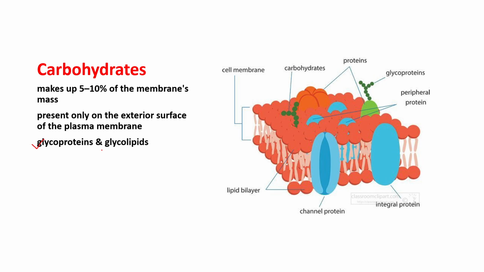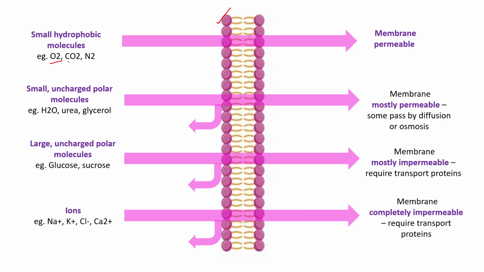You can see here small hydrophobic molecules like O2, CO2 and N2 can pass through the plasma membrane easily, so they are membrane permeable. Then small uncharged polar molecules like H2O, urea, glycerol cannot pass easily. Mostly they are permeable, but some pass by diffusion.